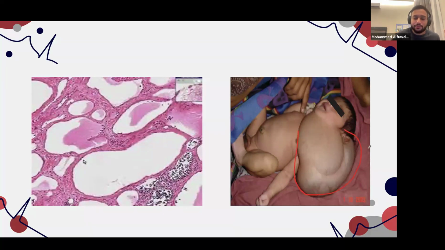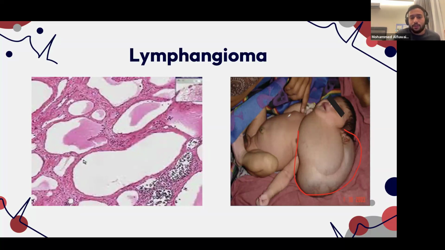What is all of this? What do I call this? Cystic hygroma. This happens with lymphangioma, and it's typically associated with genetic diseases such as Turner. So this is a cystic hygroma, which is basically a lymphangioma.